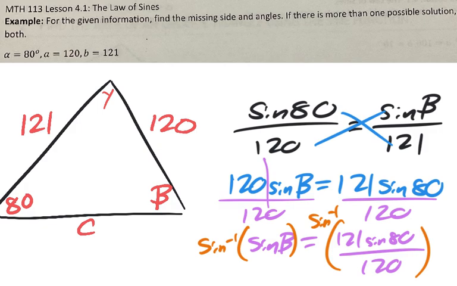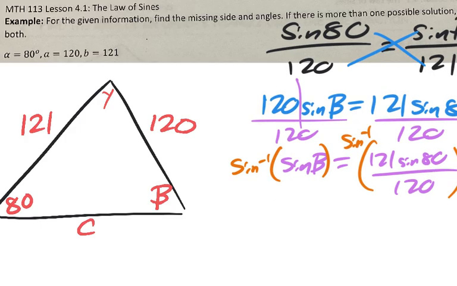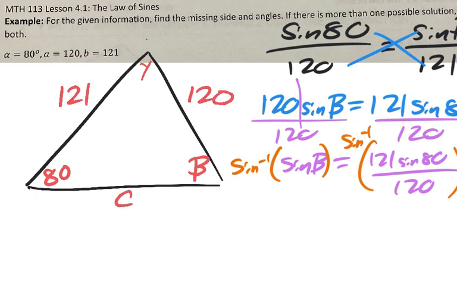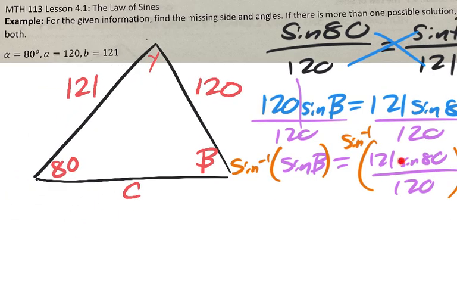Anybody have problems with that? So you just do inverse sine of this all at once. I just typed that all in at once. And I got 83.2. So this could be 83.2.